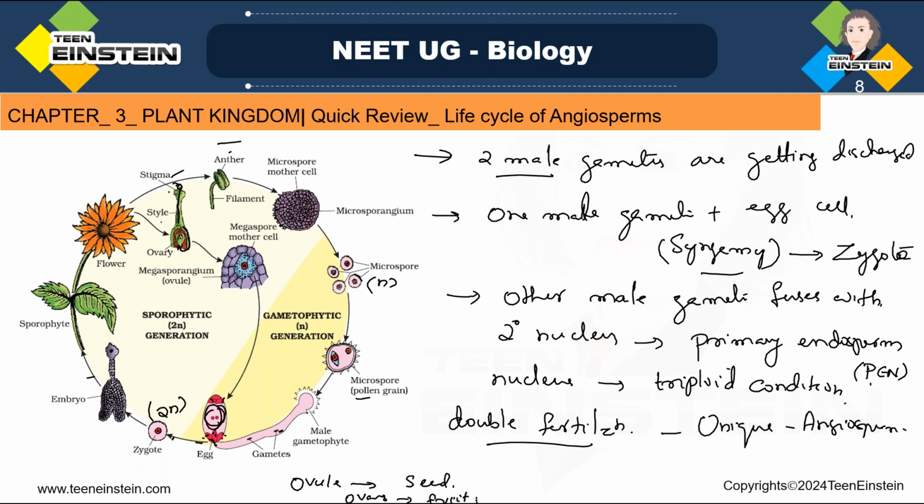Ovule developing into seed and ovary developing into fruit. So the life cycle of an angiosperm, that is what I showed here in this picture. This is also very important.